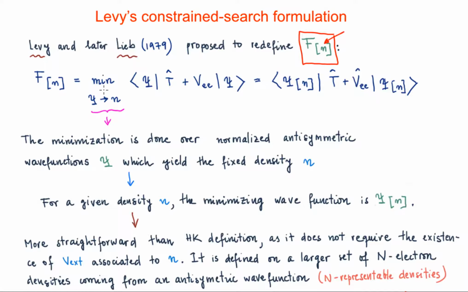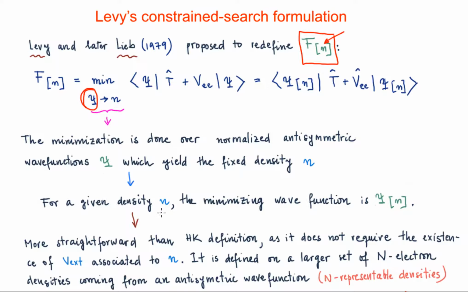It's a minimum of this contribution here, which is the average of the kinetic energy of the electrons and the electron-electron interaction. The minimization is done over the normalized anti-symmetric wave function which yields the fixed electronic density.